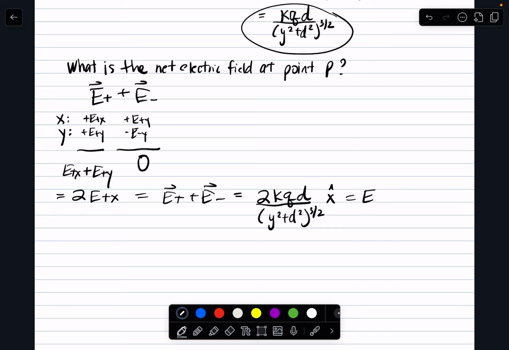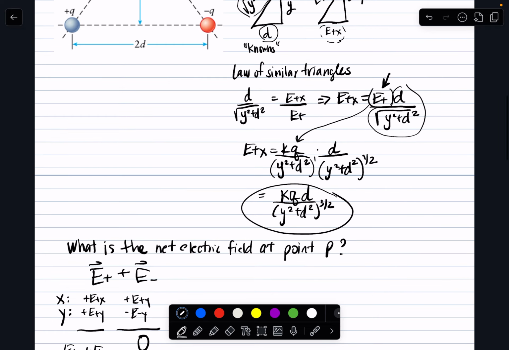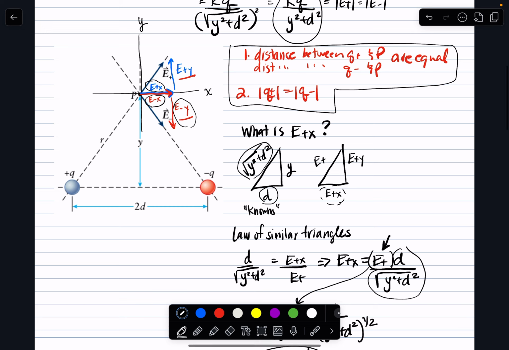That would be the net electric field. Okay, and it's positive. It's in the positive direction. So we can see that these guys go away, and the only components left in the vector are the positive x components for both. And you add them together to get a vector that's twice as long.